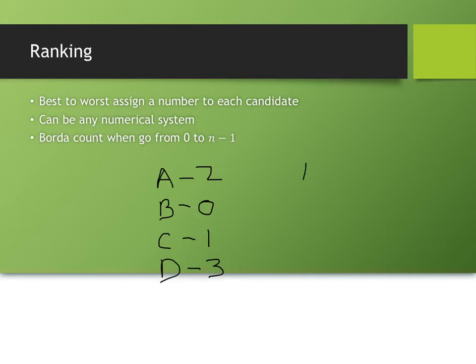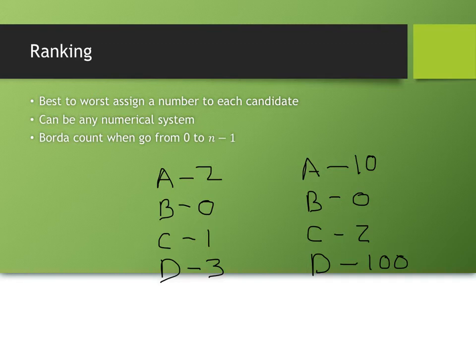But it is not the case that every ranking method is the Borda count. You could have devised a method where the lowest guy got 0, and the next to lowest got 2, and the next got 10, and the next got 100.